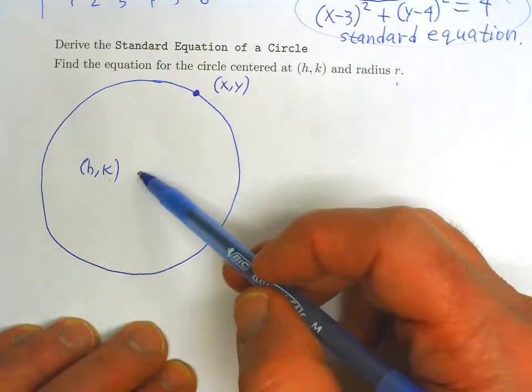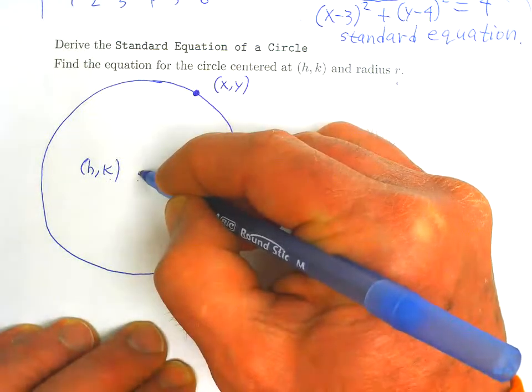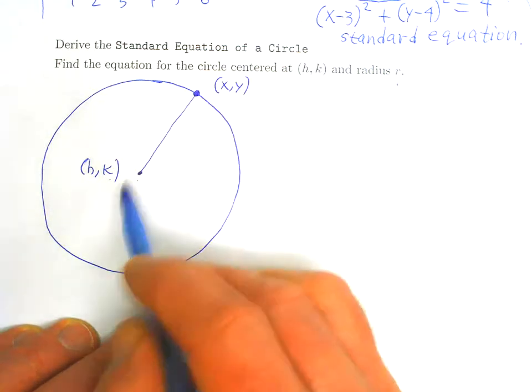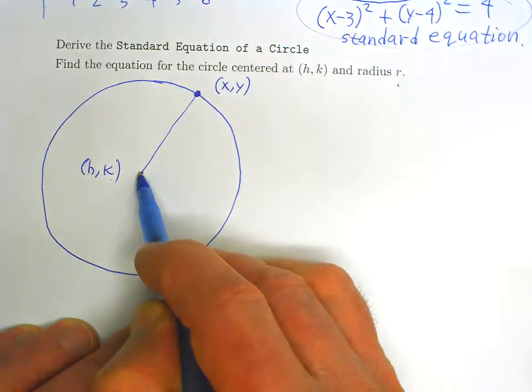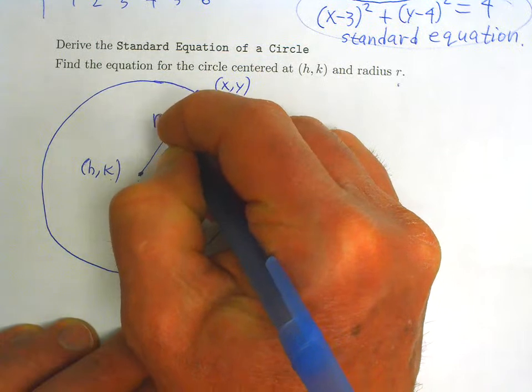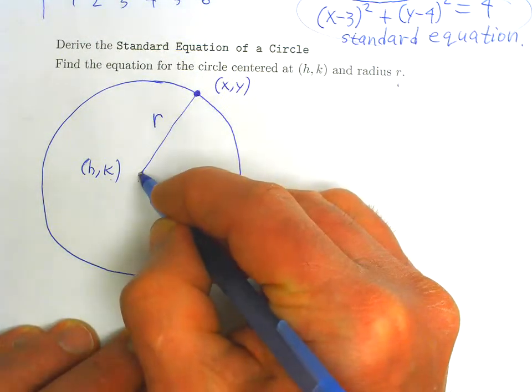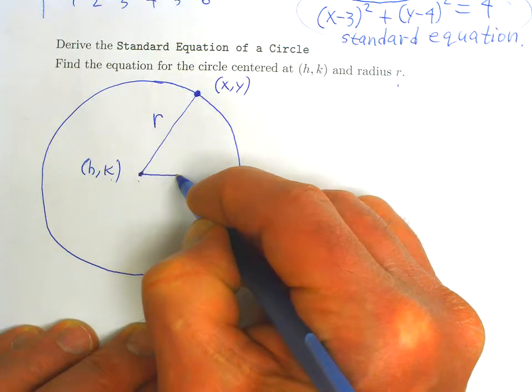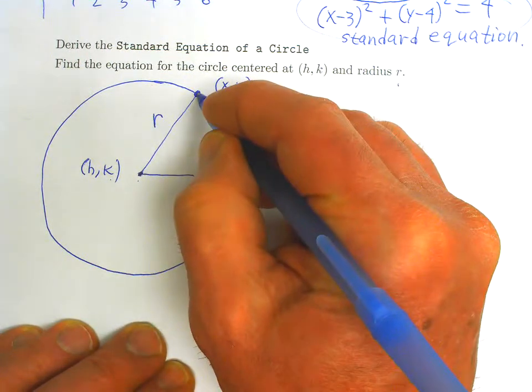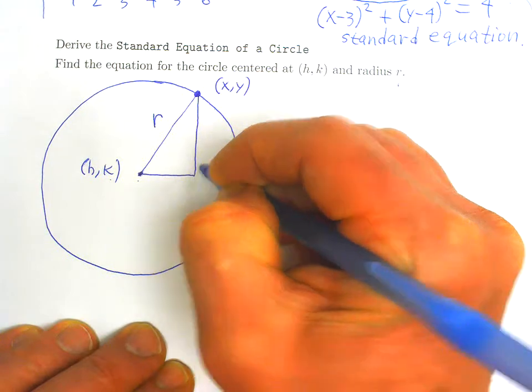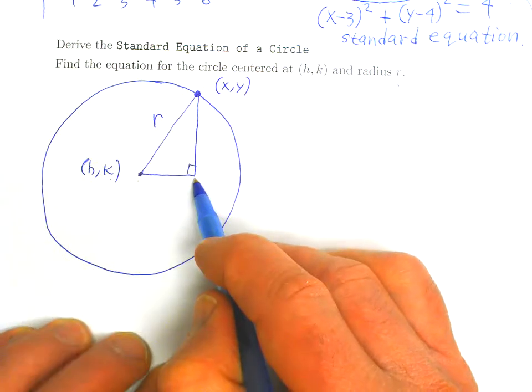So when I construct the right triangle, I can label the radius, which is the length of the hypotenuse, as r. And then we construct horizontal and vertical line segments that intersect at a point.